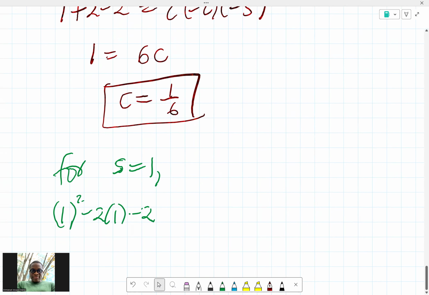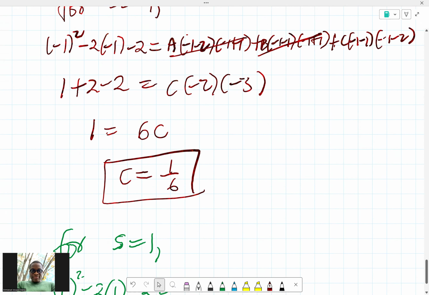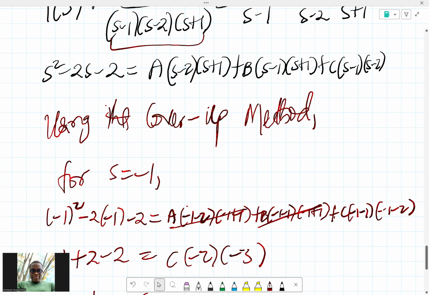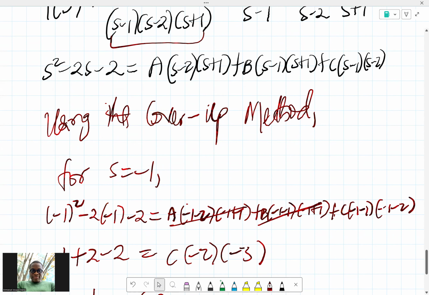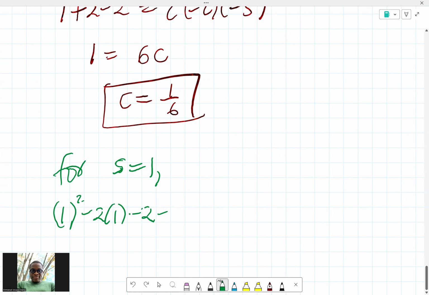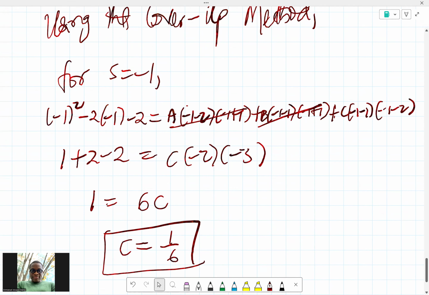And that is equal to, with s equals 1, to save time, anywhere there is s minus 1, I'll just skip it. So you can see that b will go and c will go, because if you put 1 here, this is 0, this is 0. So let's focus on just a. So this is equal to a into, s is 1, right?